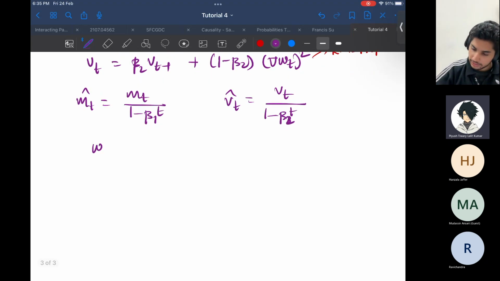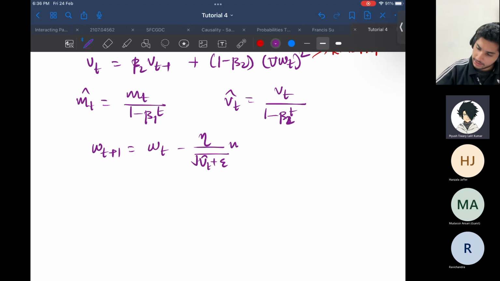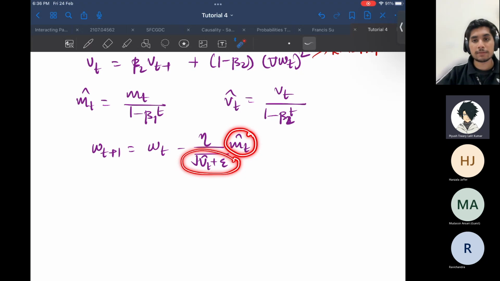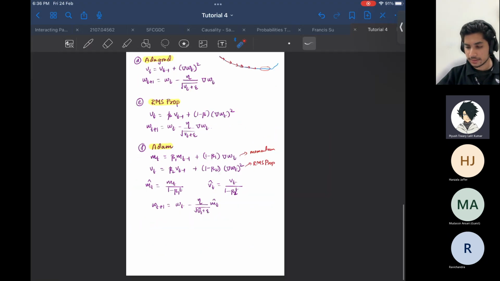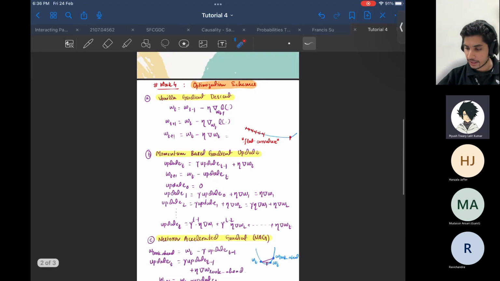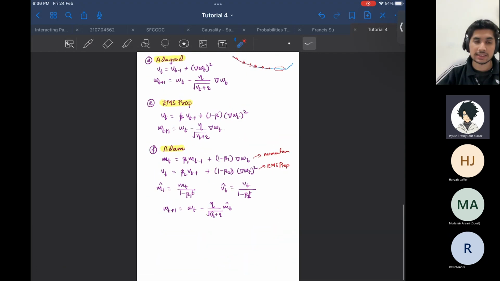Then wt plus 1 is equal to wt minus eta upon square root of vt hat plus epsilon times mt hat. This is your adaptive gradient or momentum based part, and this is your adaptive learning rate or RMS prop part. If you have any questions till here, these are the basic ideas of the optimization schemes that we generally use.